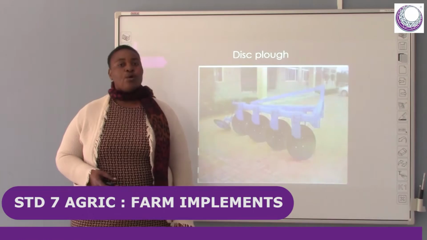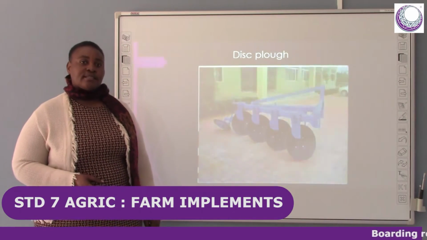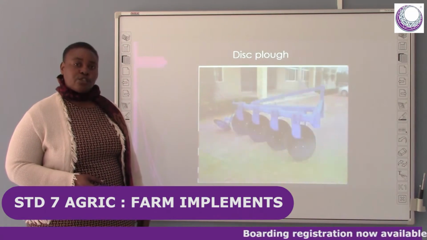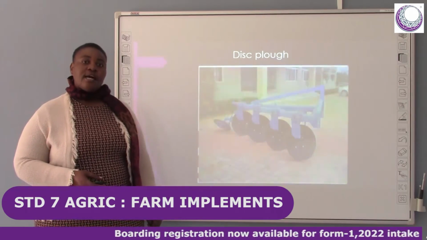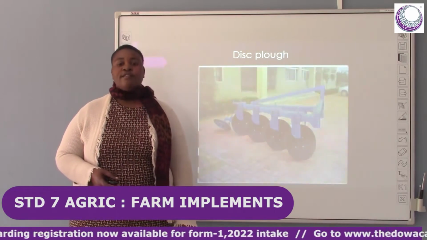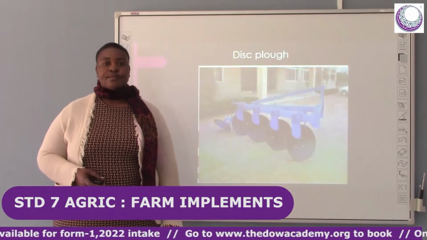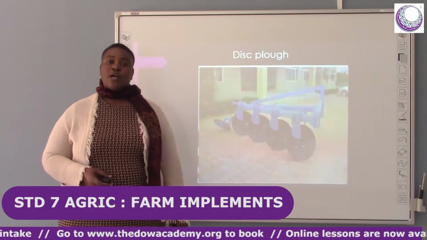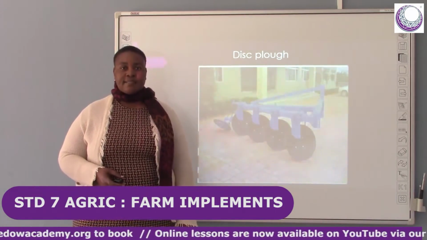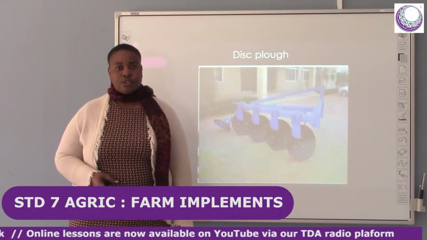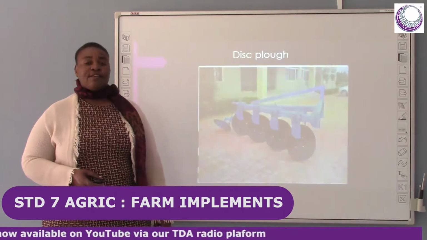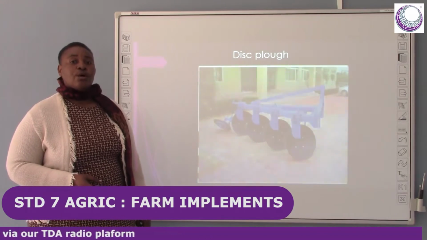Primary tillage will also bury the crop residues under the ground, helping to increase soil fertility. Lastly, it can also help to break the hard pan underground, which may make it difficult for the roots to penetrate as they grow.